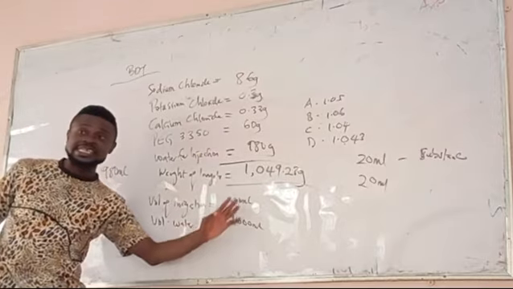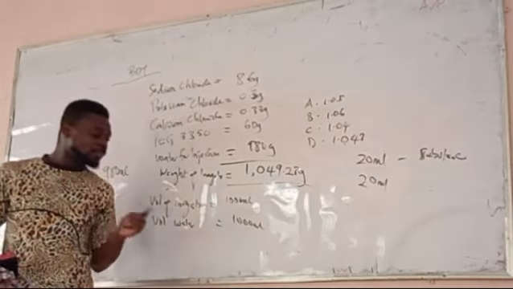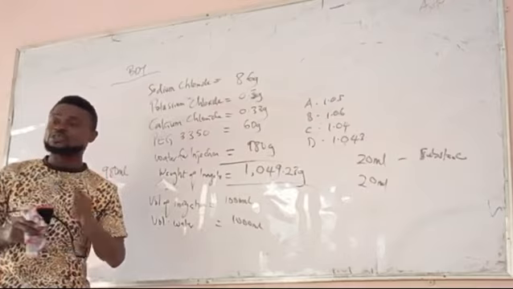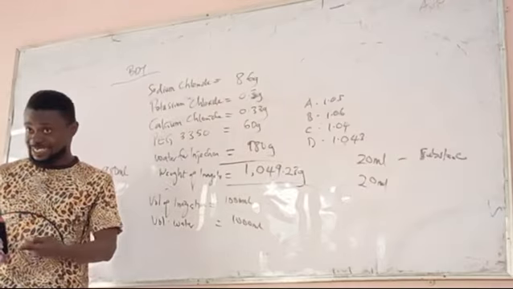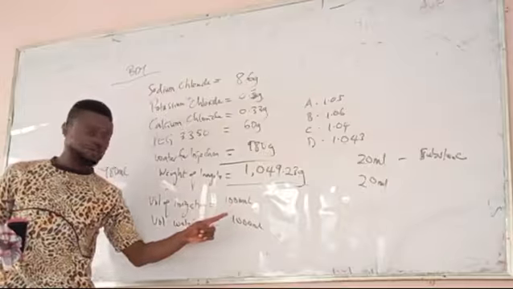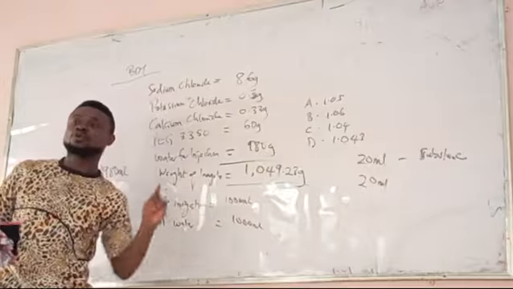So they have the same volume. But we want to check the weight of water that has the same volume as 1,000 ml. That means we convert this 1,000 ml to weight.